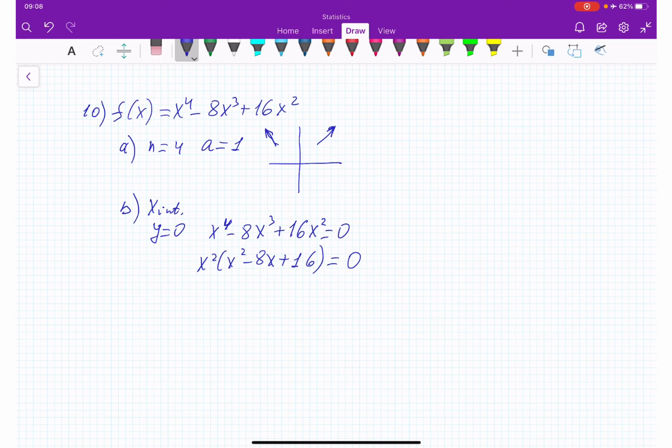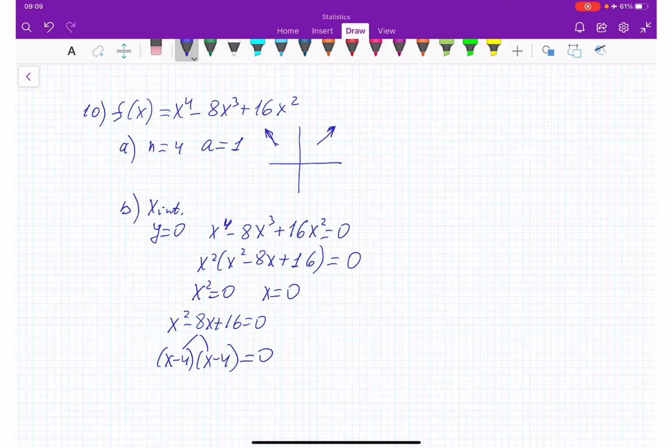Okay, so from here, x squared equals 0, which means x is equal 0. And for the second, x squared minus 8x plus 16 equals 0, which means there are two ways. One way you can factor it down, which you will get x minus 4 times x minus 4 equals 0.